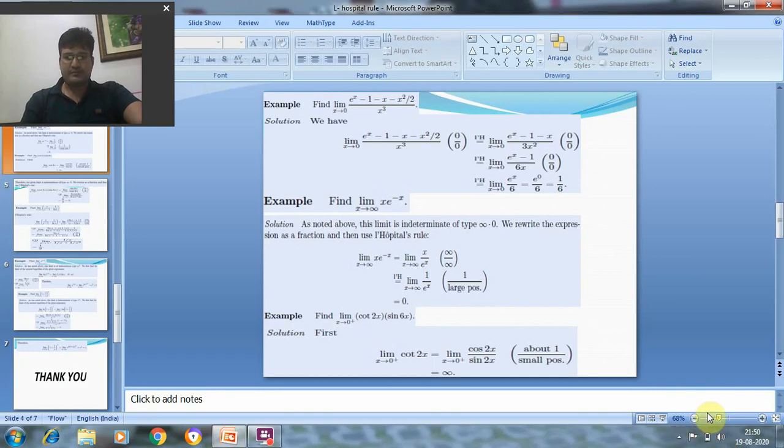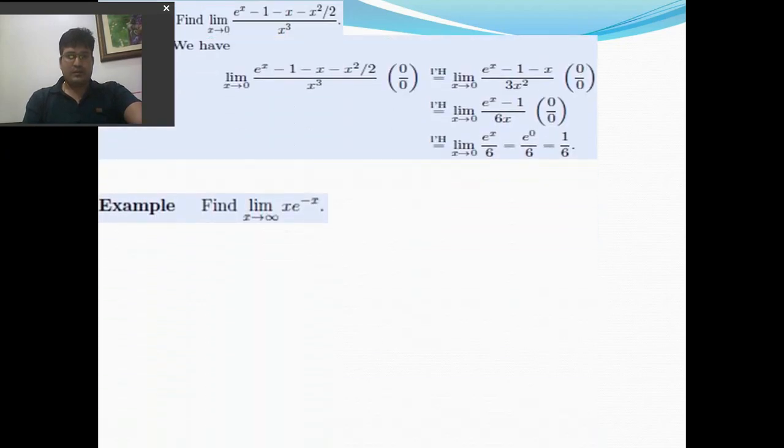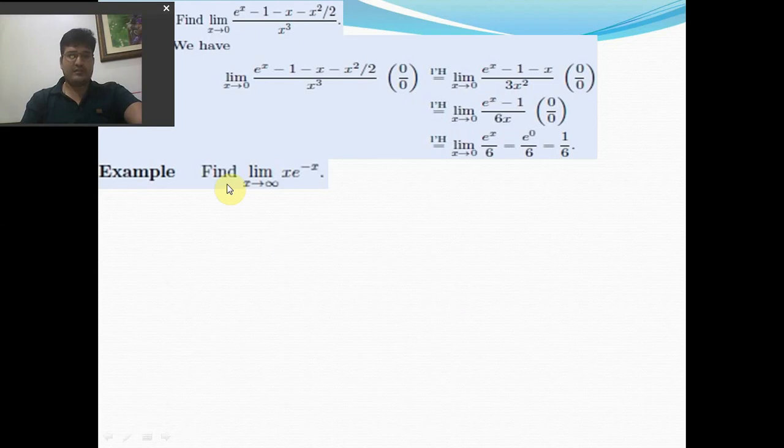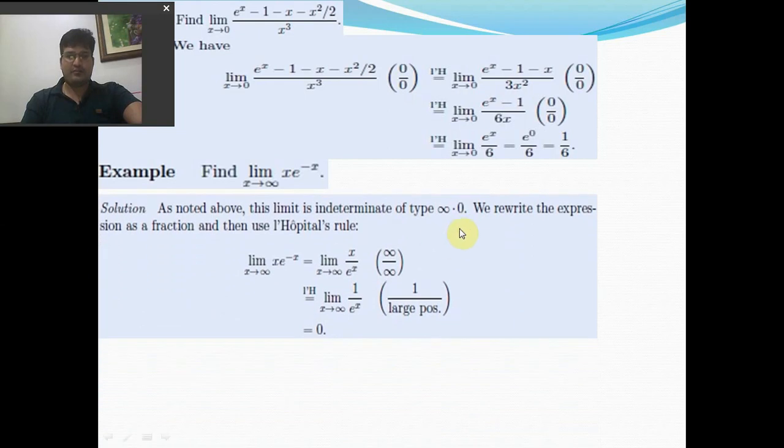So first, this question we have: find limit x tending to infinity of x e raised to the power minus x. So students, if we put the limit directly, x is equal to infinity here, we will obtain infinity into e raised to the power minus infinity, that is 0 into infinity form.